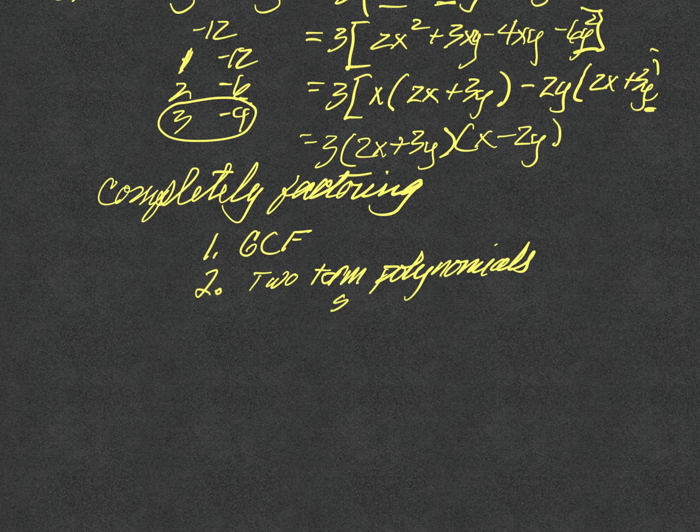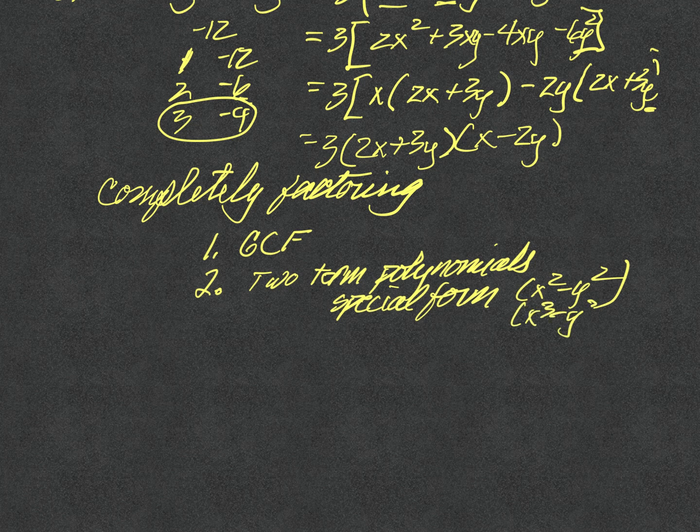And we're looking for special forms here. For the two terms, we're looking at x squared minus y squared, x cubed minus y cubed, and x cubed plus y cubed. And we're going to do these in the next lesson.